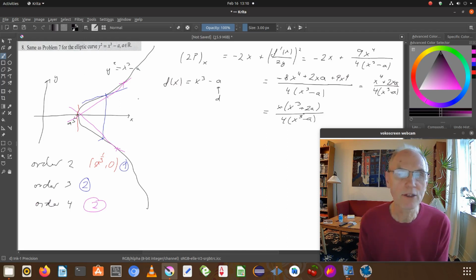The point of inflection we can of course find by saying that this should equal x. The point of order 2 we have found, so let's try to find the point of inflection doing that.